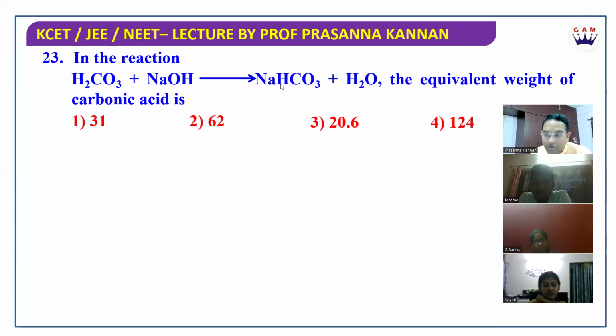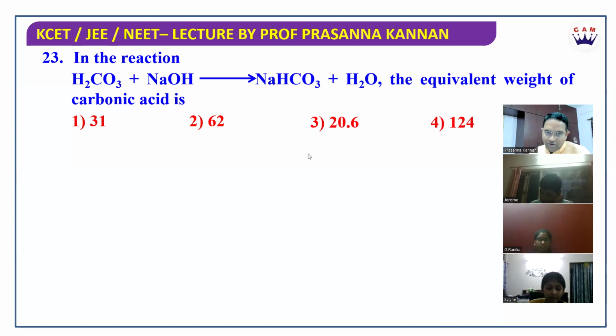Only one, sir. So in this reaction, equivalent weight is not 62 by 2, but it is 62 by 1, because only one of the two hydrogen atoms is getting replaced. Therefore, it is 62. Are you clear now, Evelyn?